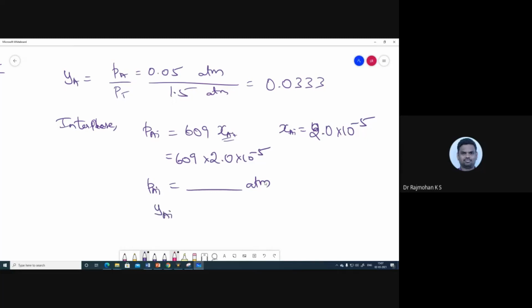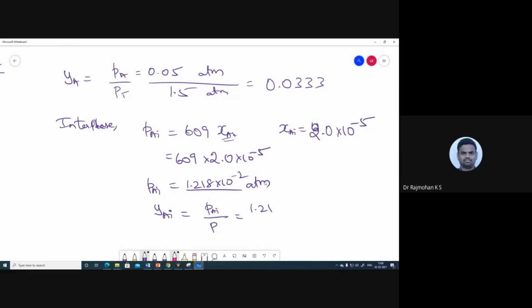Again you can get the Yai value: Yai equal to Pai by P. So what is the value? Please use your calculator. 609 into 2 is 1218 into 10 power minus 5. So the Pai value is 1.218 into 10 power minus 2.